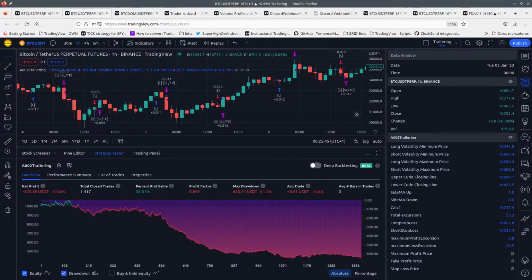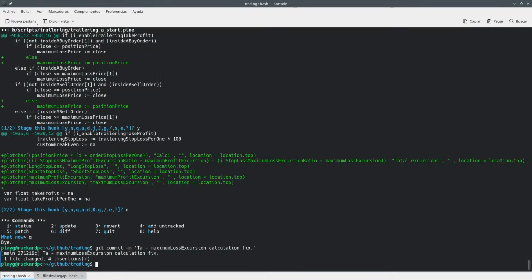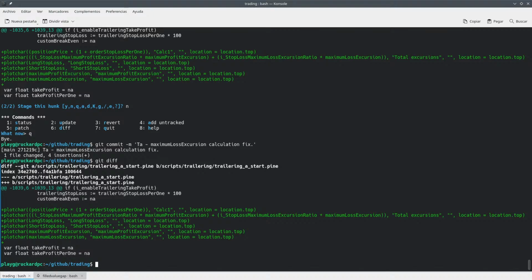Okay, so what we are going to do right now is maybe put the version. So I think I'm going to remove all of this because it's a bit messy, but you know, maybe not.